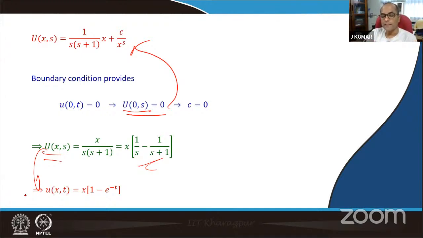Then we will get either an algebraic equation or an ordinary differential equation. We solve for the transformed variable s, and finally we invert it to get back the original solution. This is the idea of the application of the Laplace transform.